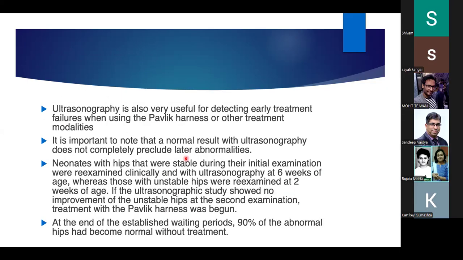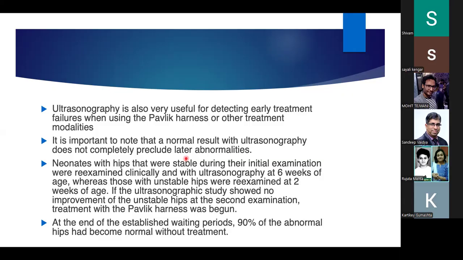Ultrasonography is very useful for detecting early treatment failures when using the Pavlik harness or other treatment modalities. It is important to note that a normal result with ultrasonography does not completely preclude a later abnormality. Neonates with hips that were stable during the initial examination were re-examined clinically and ultrasonographically at 6 weeks of age, whereas those with unstable hips are re-examined at 2 weeks of age.